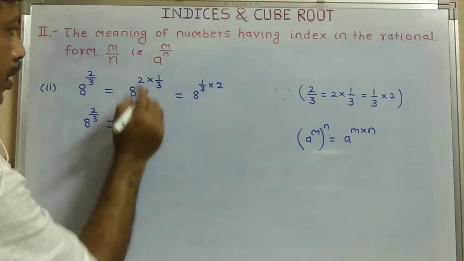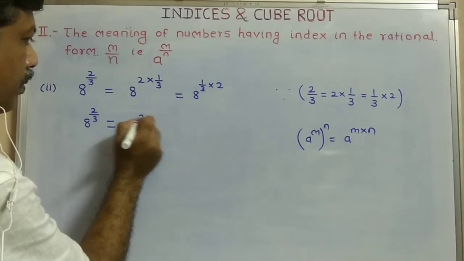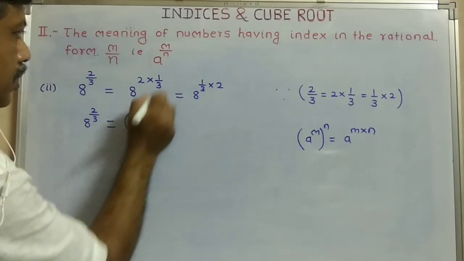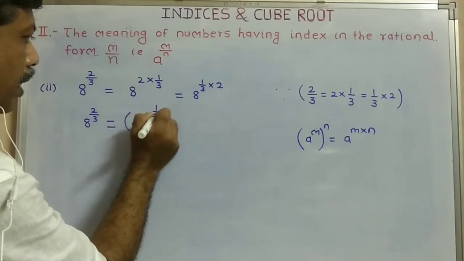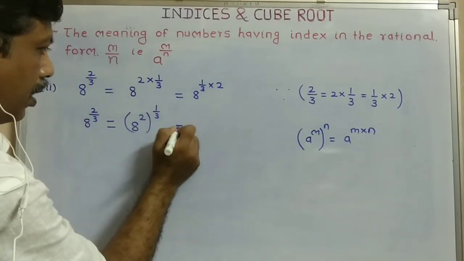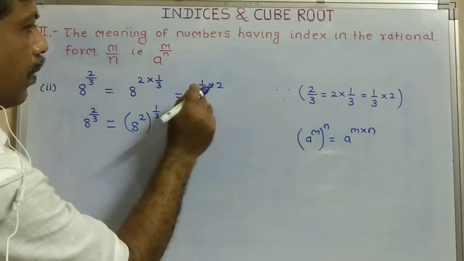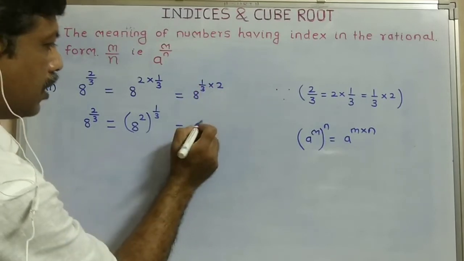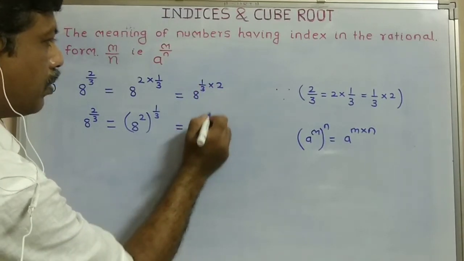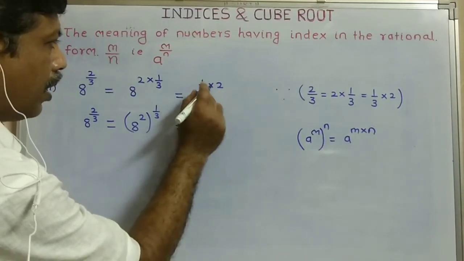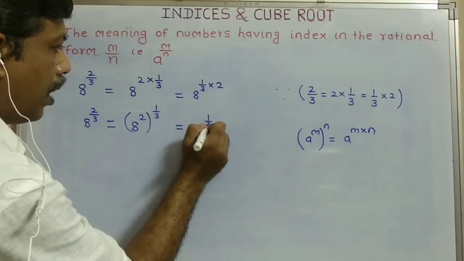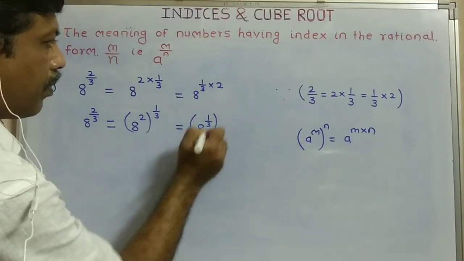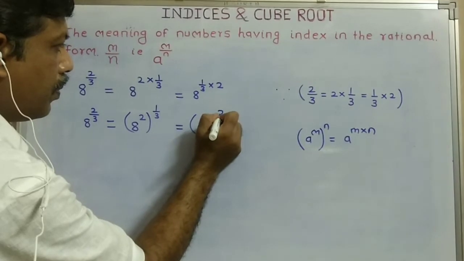Suppose this is your m, then I am writing here 2, and this is your n, therefore I am writing here 1 upon 3. Now your m and n have changed. Therefore, I am writing 8 to the power, which is m here, 1 upon 3, and which is n here, your n is equal to 2.